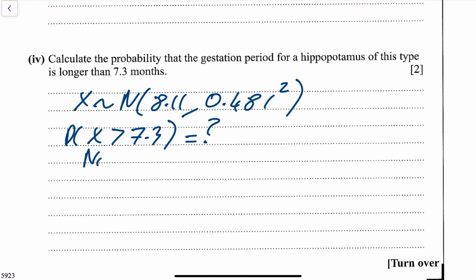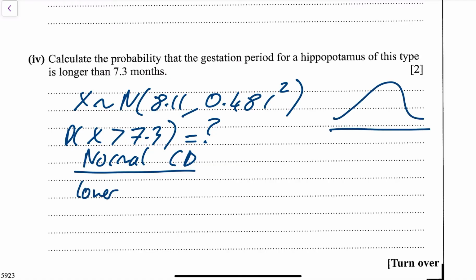So we can use, on the World Class Whiz calculator, the normal CD mode, and that means your lower value. Do we sketch if we need to? There's 7.3. Oh, diagram's wrong, because my mean, remember, is 8.1, so 7.3 is going to be here.